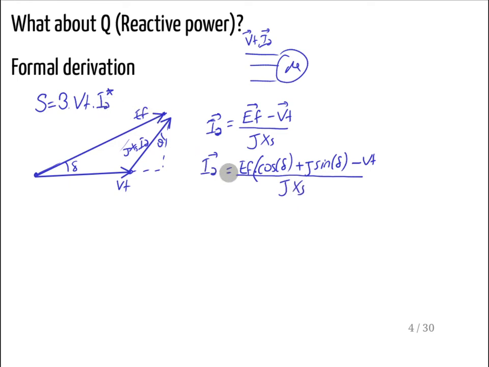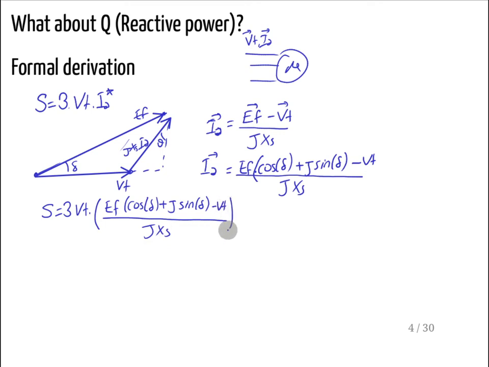So instead of Ia, I'm going to write that equation now. S is equal to 3 Vt times the quantity EF cos delta plus j sine delta, divided by jXs, minus Vt, and that will again be the conjugate. So let's write that down.